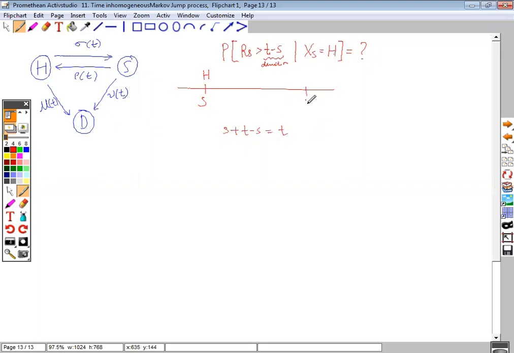So this is your end, and you expect to stay put in the healthy state. So every time throughout this, you are in healthy state. So this will be your reference line for this particular probability.